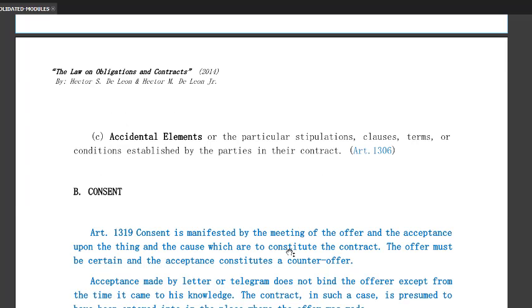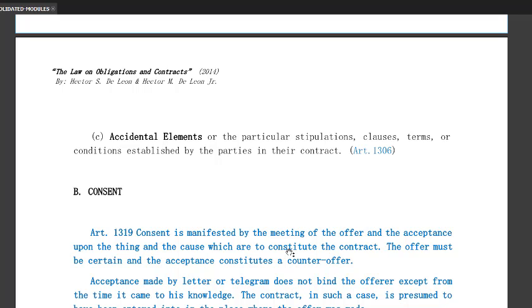Another thing is what we call accidental elements. Accidental elements in a contract are the particular stipulations, clauses, terms or conditions established by the parties in the contract. This is what we see in Article 1306. If you recall, this is what we call liberty to contract or freedom to contract.